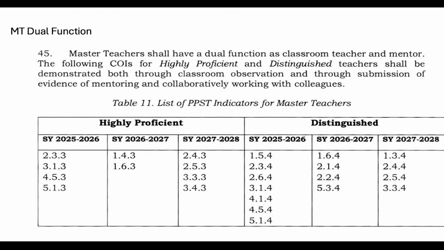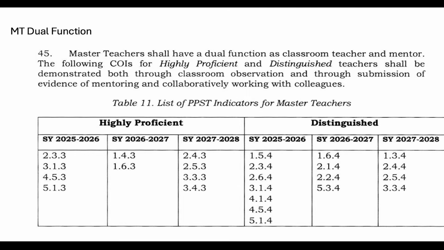So what does this mean? If you look at the indicators for school year 2025-2026, there will be 4 by which you will be observed. The COT, or the classroom observation tool, will be used on your performance, as well as to find out if you have mentored other people on that particular indicator.